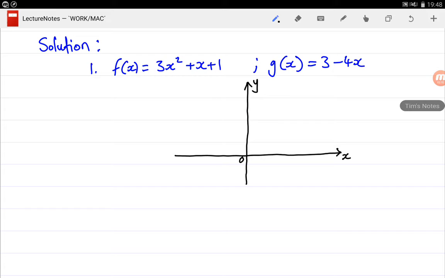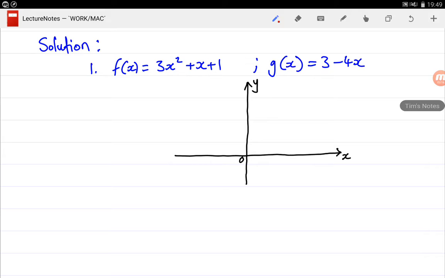For starters, our f of x, I'm just going to use a red pen now. Our f of x is a positive quadratic function because the coefficient of x squared is positive, and it's 3. To find the turning point, you just have to find the derivative of f of x and make it equal to 0 to get where x tends.